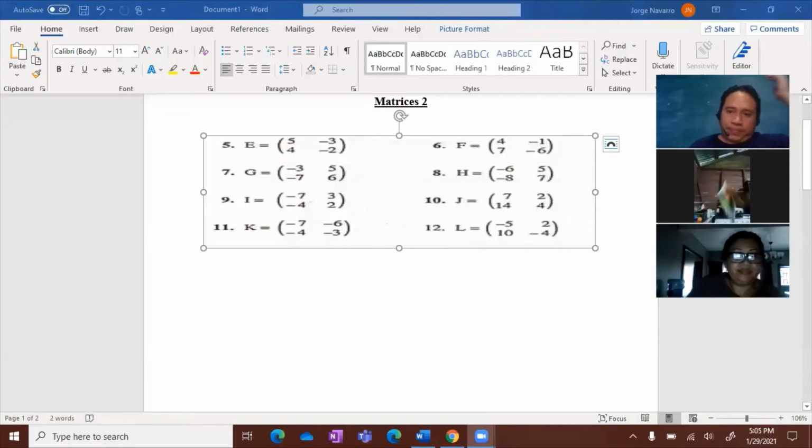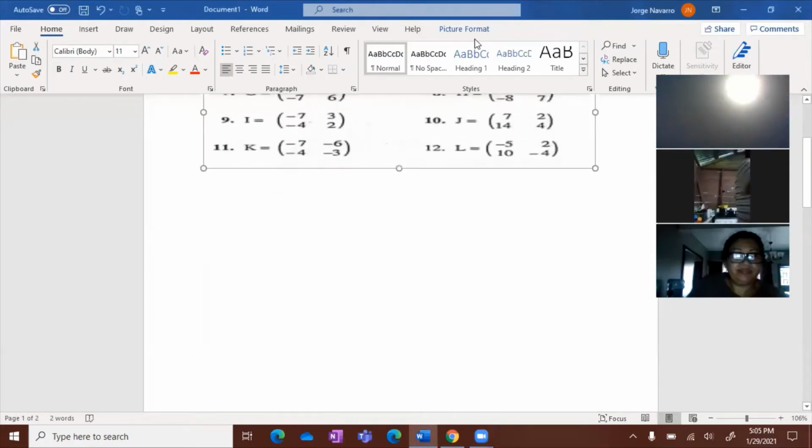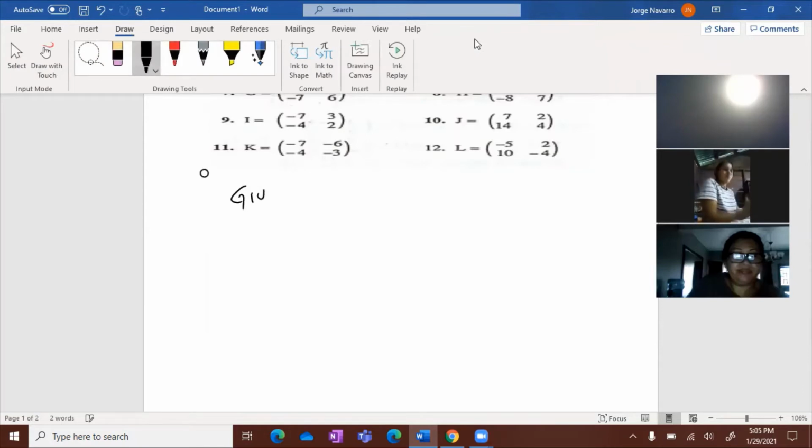Let's look at K. Since K was what I left you, remember you may not see me because I need the space. All right, so let us look at K. So I say, given K equals -7, -6, -4, -3.